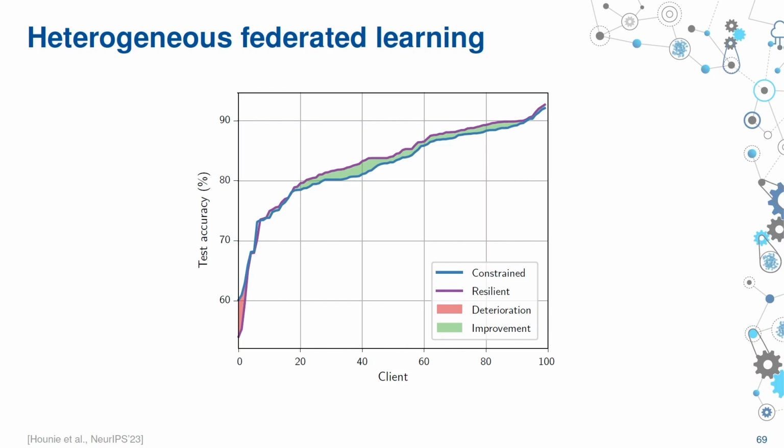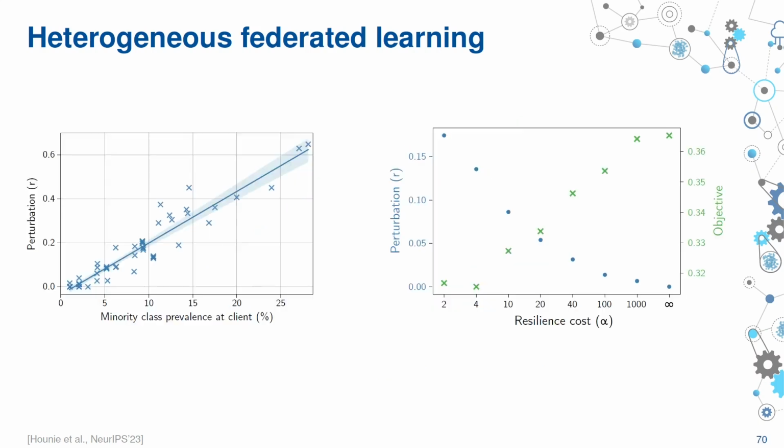And here in red, I am highlighting deterioration of performance, and in green, I am highlighting improvement in performance. And what you see here is that a few individuals whose constraints are very difficult to satisfy have their constraints relaxed so that the vast majority of individuals can have their constraints improved.